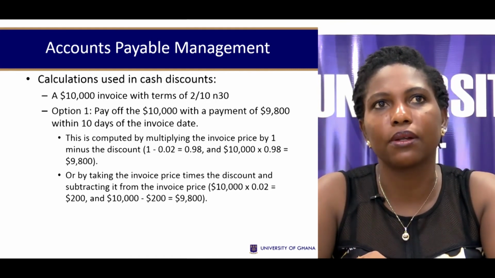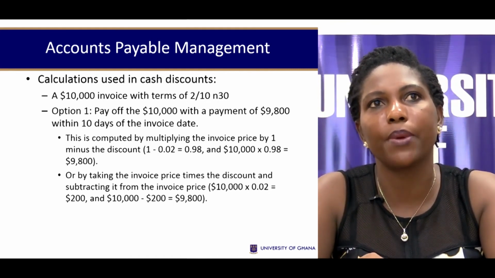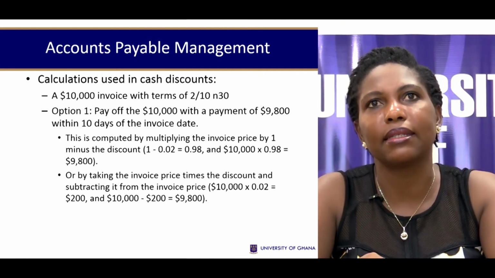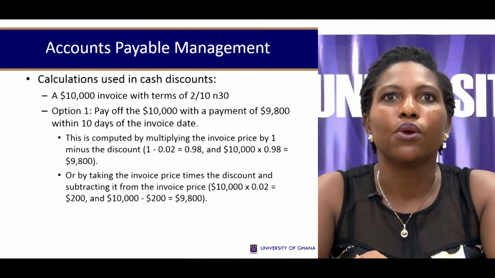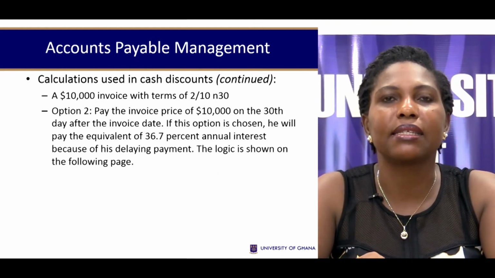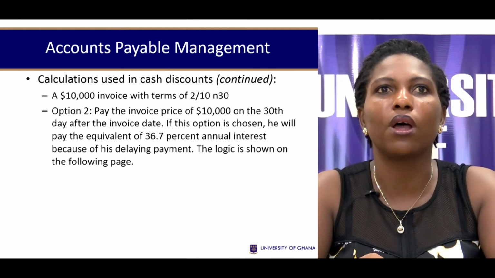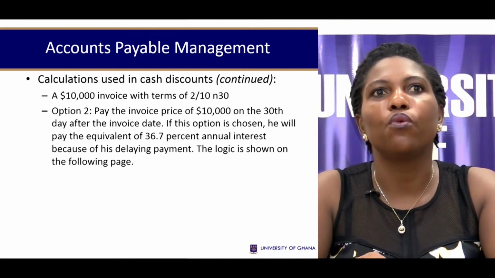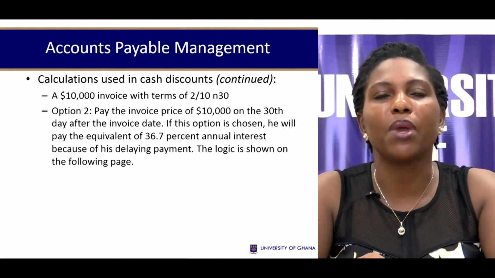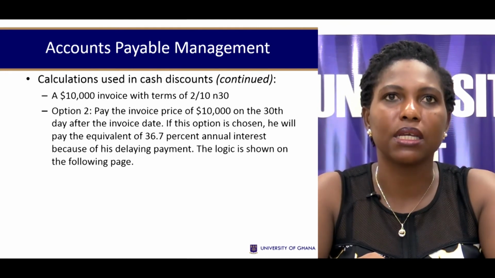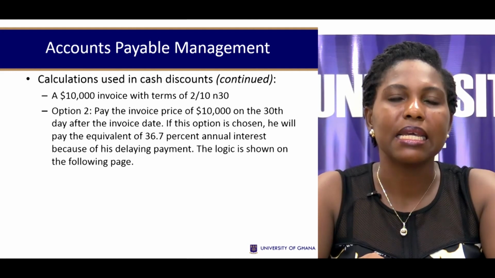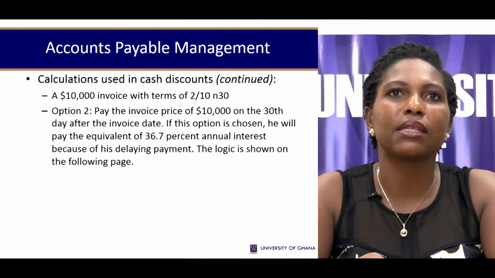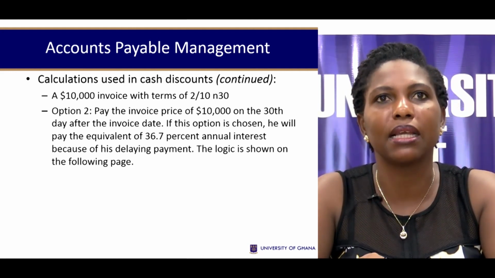Now, let me take a closer look at that again. So in this case where we have 2/10 net 30, in computing it, it comes to the point that we have a case of 36.7% annual interest if we were to delay the payment, meaning that we forgo the discount. Now, if you can borrow on the market for 20%, then it means that it is more sensible to borrow at 20% so that you can pay ahead of time.